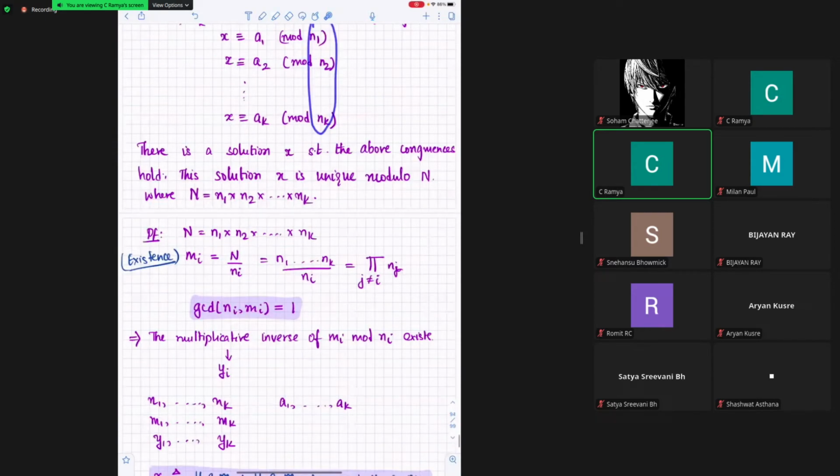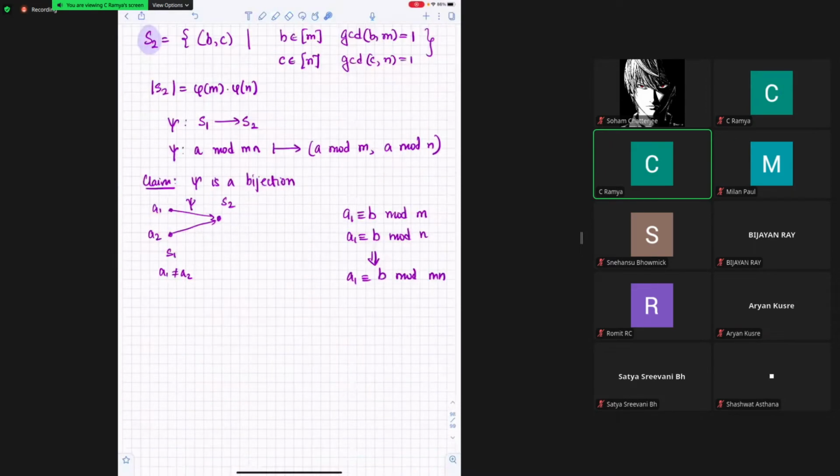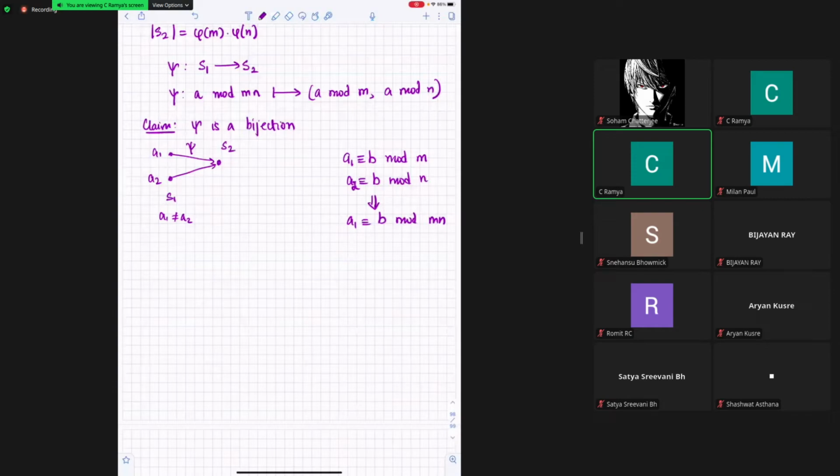That if A is congruent to B mod n and A1 is congruent to A2, so A2 is congruent, I hope I didn't mess up, B mod n. Then can I find the solution modulo MN? Find the solution from the solution to these modulo MN. So what can you say about B mod MN?